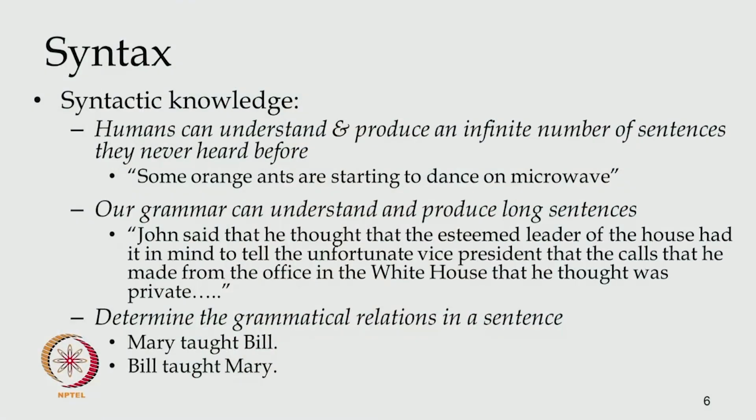But look at this. The verb is the same in the last two sentences, isn't it? Right? And nouns are also almost similar. What's the difference in these two sentences then?